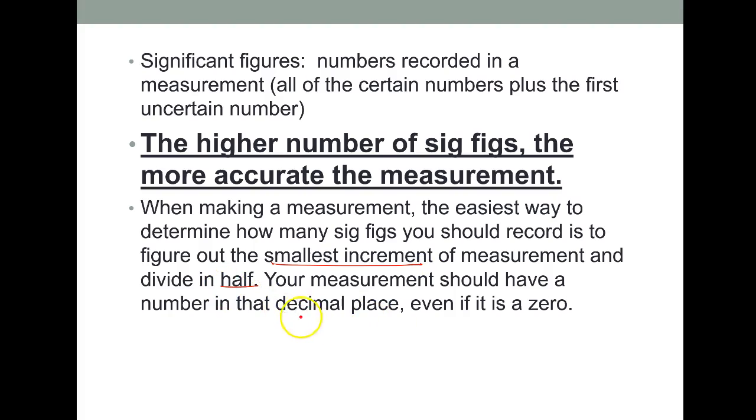And it should have a number in that decimal place, even if it is a 0. So if you think that meniscus is right on the line, you would say 36.0, because the smallest increment was 1 milliliter divided by 2, means you need to have a number in the tenths position.